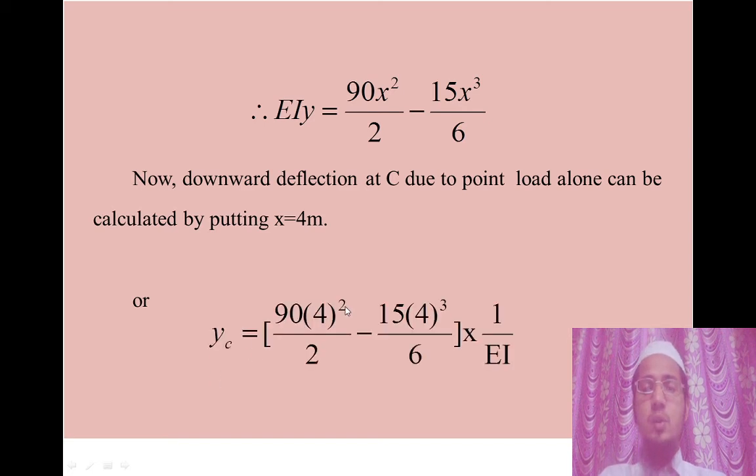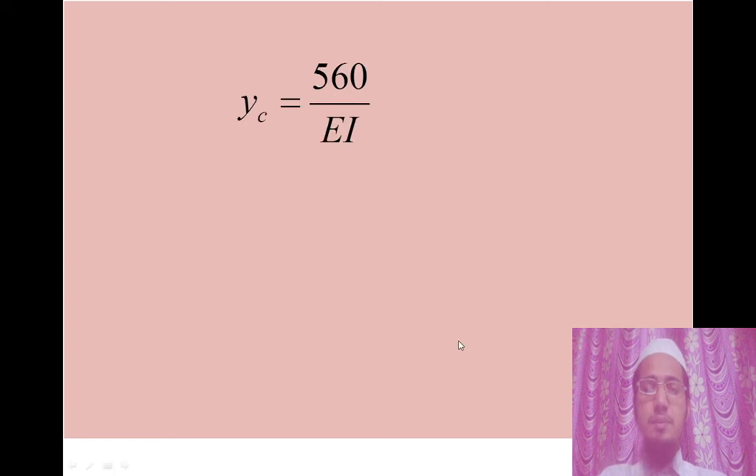Therefore yC will be equal to 90 into 4 square by 2 minus 15 into 4 cube by 6, this bracket multiplied by 1 by EI. Now by solving and simplifying, we will get yC equals 560 by EI.